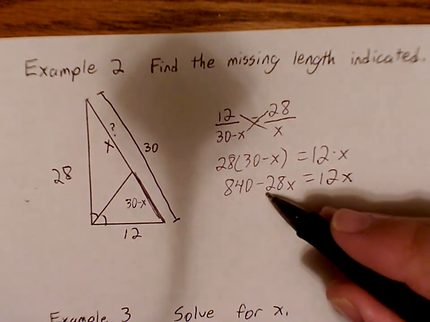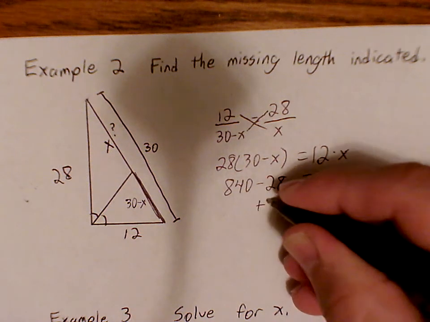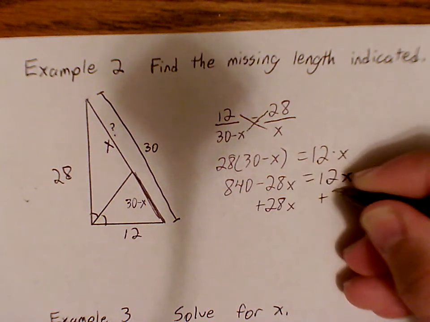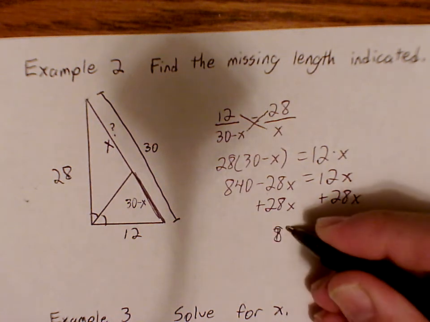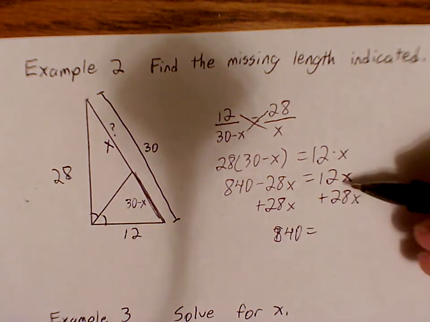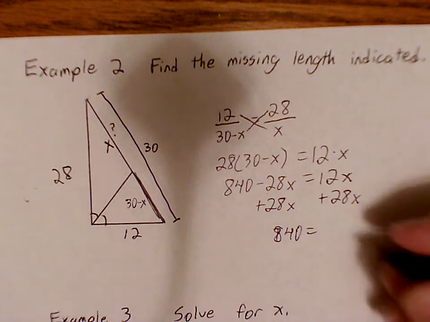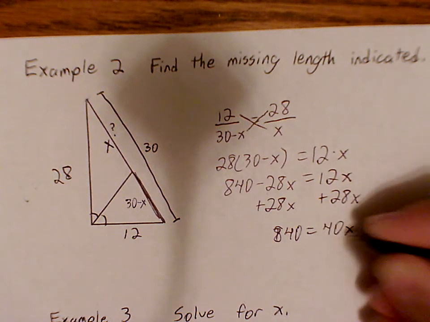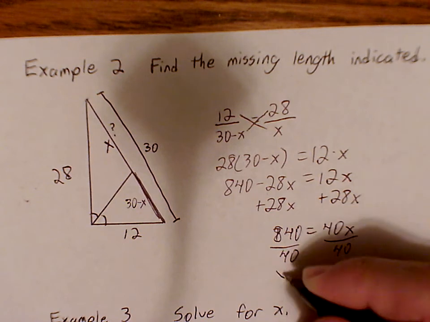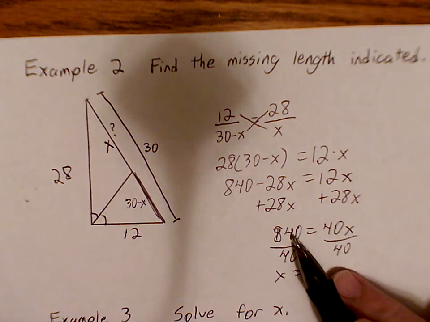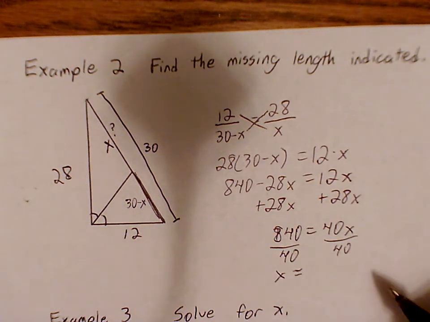All right, now I'm going to add the 28x to both sides is what I'm going to prefer to do. And so 840 would equal 12x plus 28x is 40x. I'm going to divide both sides by the 40, and x is going to equal 840 divided by 40.